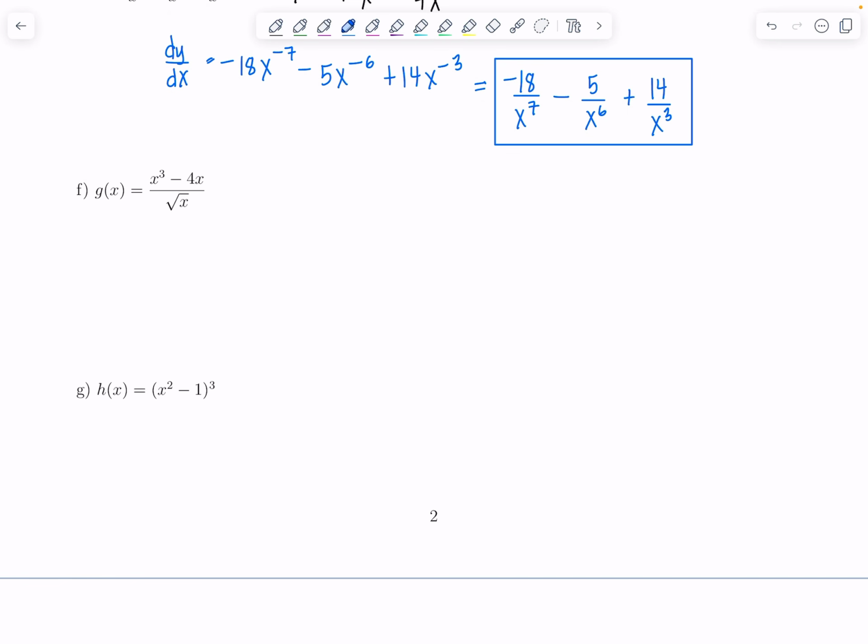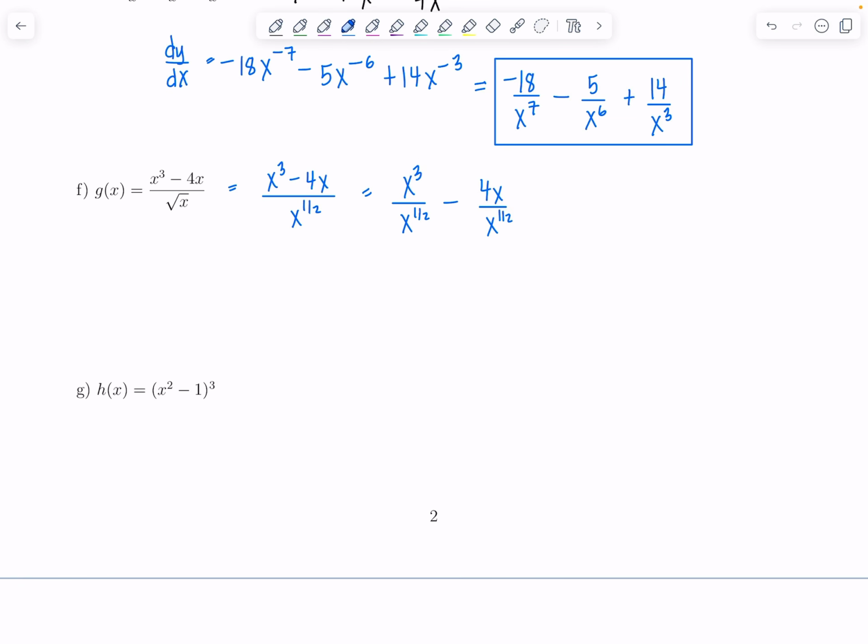There's another rule that we're going to learn later on if you can't rewrite it and get rid of it. But what we're going to do is split that denominator underneath each of the terms of the numerator. So this is x cubed minus 4x over, remember square root of x is x to the 1/2, yes? Oh, good. So then this is x cubed over x to the 1/2 minus 4x over x to the 1/2.